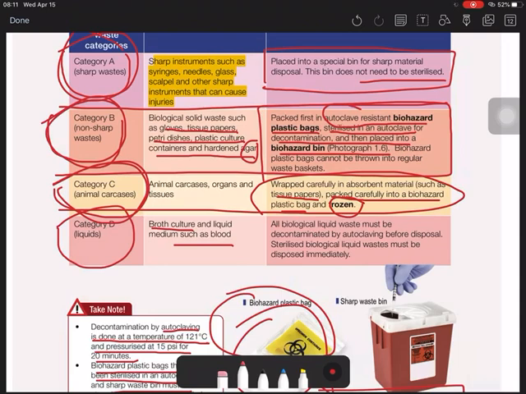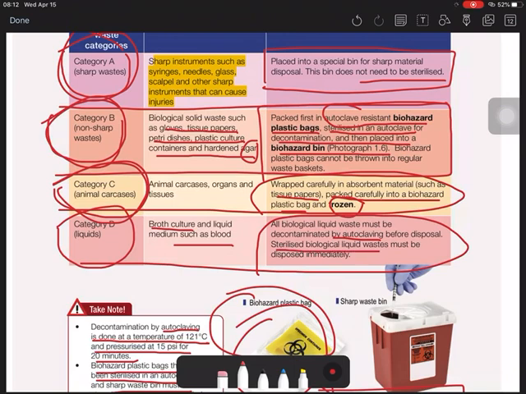Just kidding. Then we have category D, liquids. They are also decontaminated by autoclaving before disposal, and then the sterilized liquid waste must be disposed of immediately. So categories B and D need to be autoclaved. Category C, animal carcasses, need to be frozen.